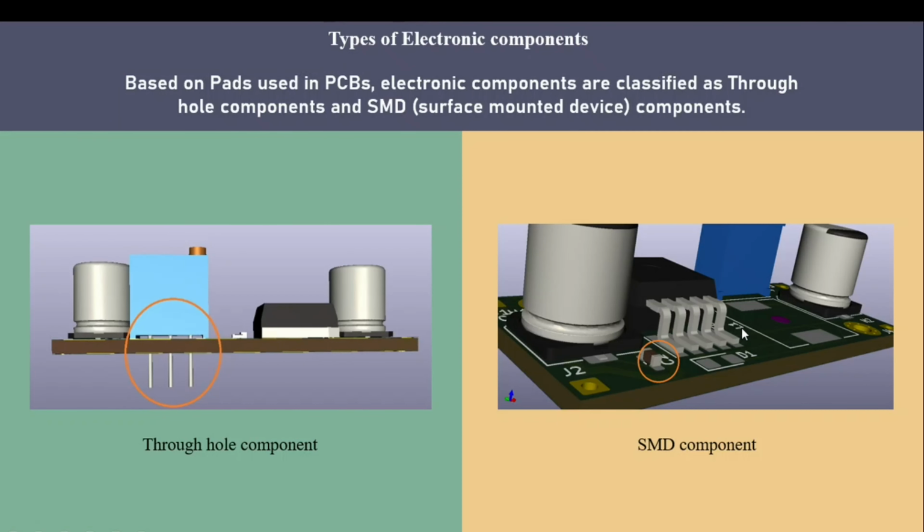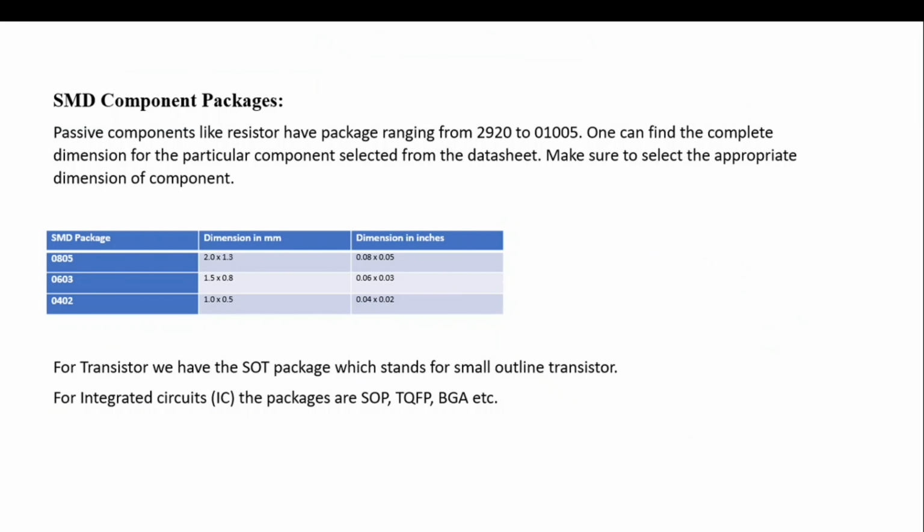So there is a standard which is followed in SMD and through-hole component packaging size. Some of them are listed down, like the passive component like resistor have packaging ranging from 2920 to 01005, where 2920 is the biggest, and then it will go down and 01005 is the smallest one.